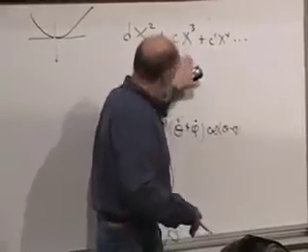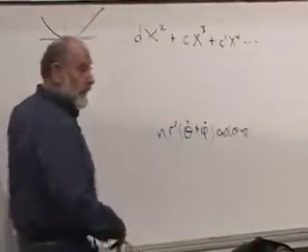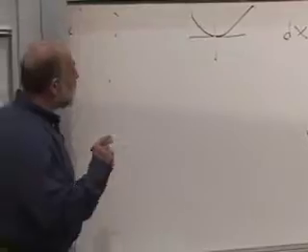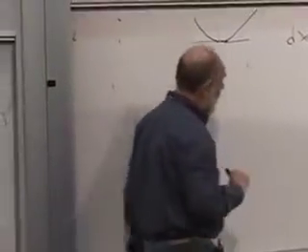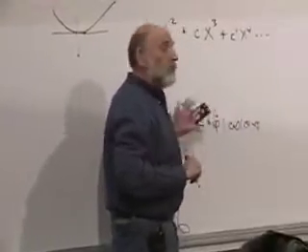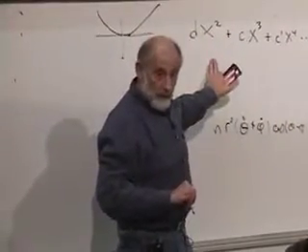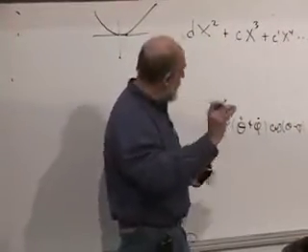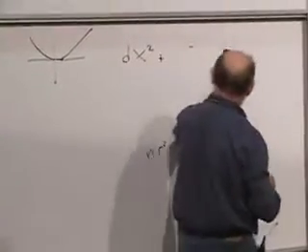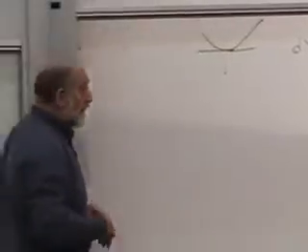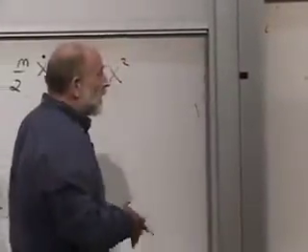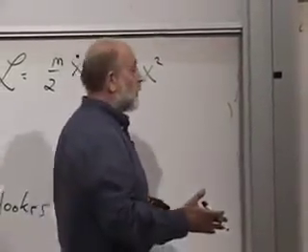These terms are not Hooke's law. But the point is that if x is small enough, if we only deviate a little bit from the origin, then x cubed and x fourth are much, much smaller than x squared. So for small displacements, these terms can typically be ignored, unless the first term is absent. If the x squared term is absent, then you have to begin with x cubed.